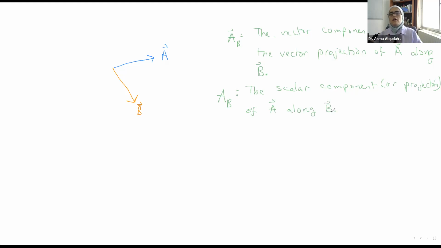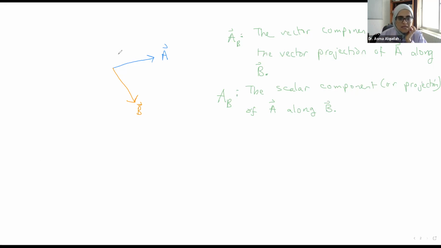So any vector could have a projection onto another vector. This projection could be a vector projection or a scalar projection. Let's start with the scalar projection.